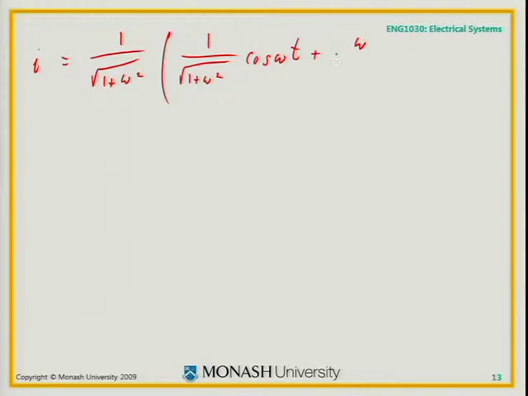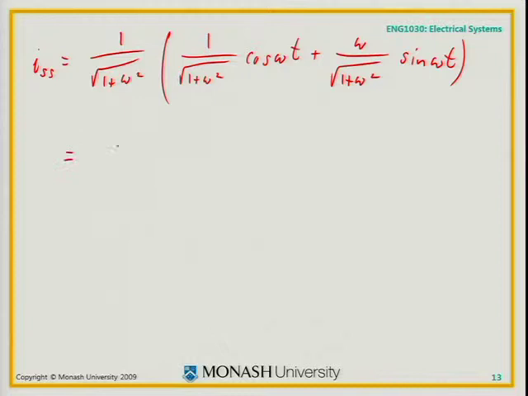And I can write it in this way. So the steady state solution, say I steady state, equals that. I've just pulled 1 on the square root of 1 plus omega squared out the front. Why did I do that? I'm trying to write this as cos of omega t plus an angle.